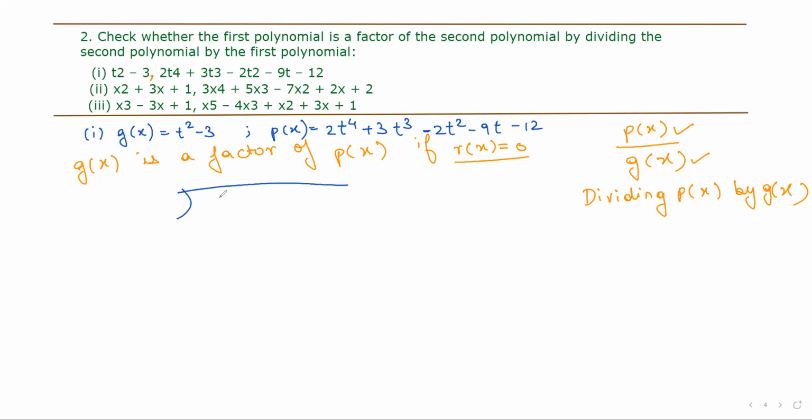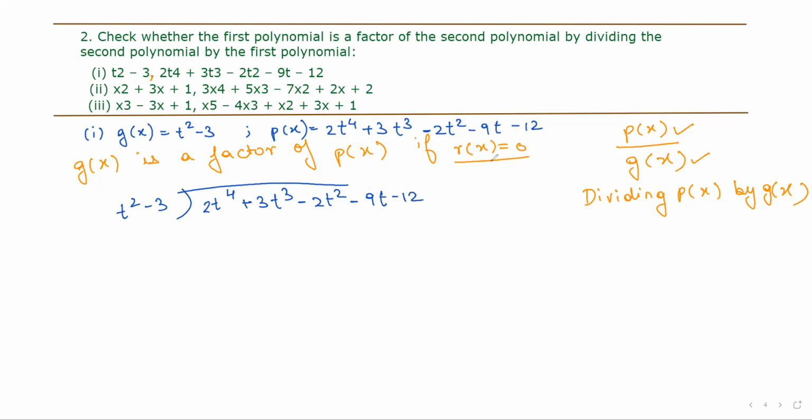Again, p of x is written inside, which is 2t to the power 4 plus 3t cube minus 2t square minus 9t minus 12, and g of x is written outside, t square minus 3.